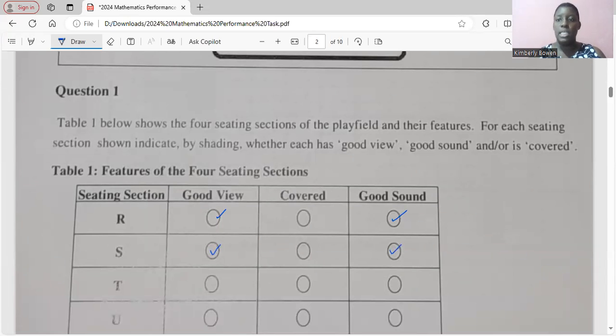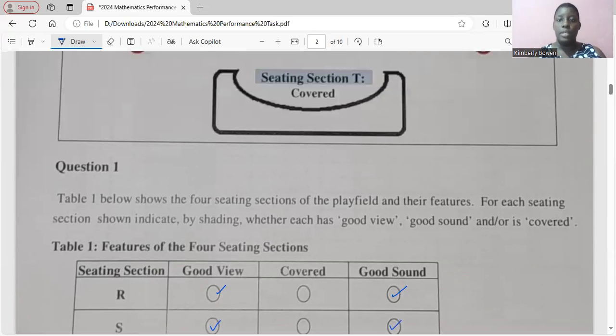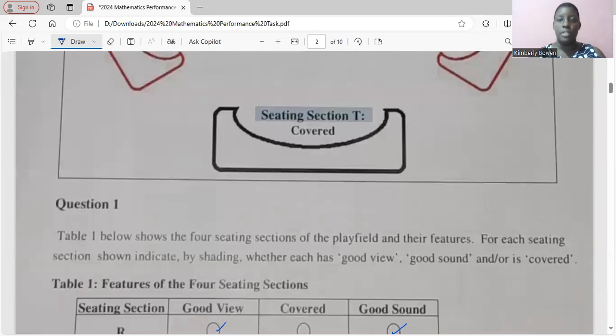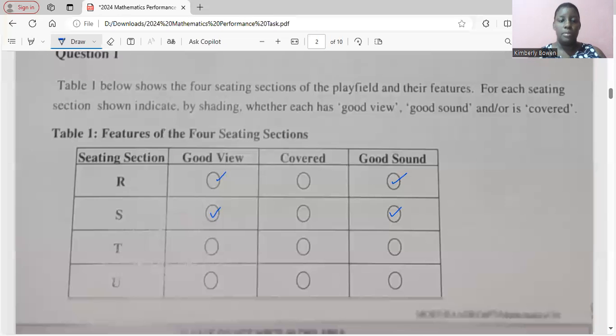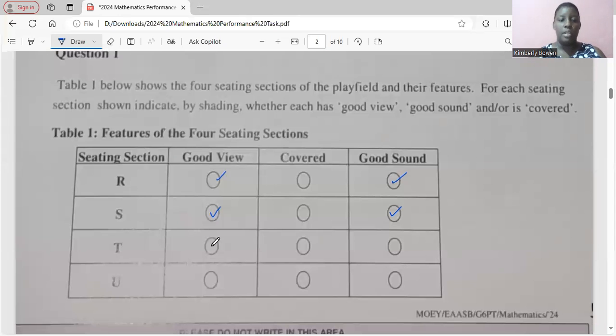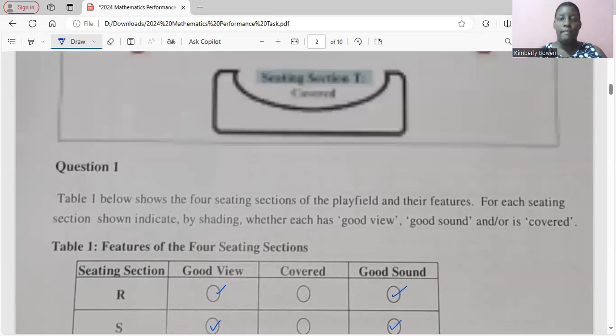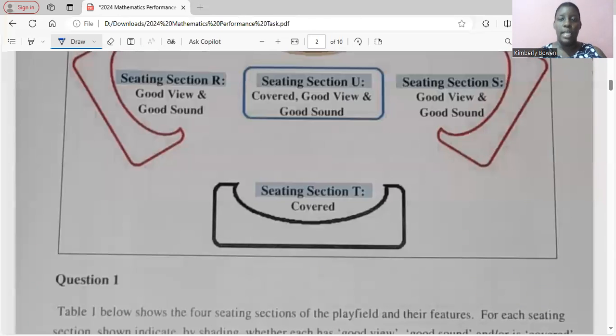Let's look at T. T is just covered. I might have read something wrong earlier there. Not quite sure. Just covered. And for U, it says it's covered and it has good view, good sound.